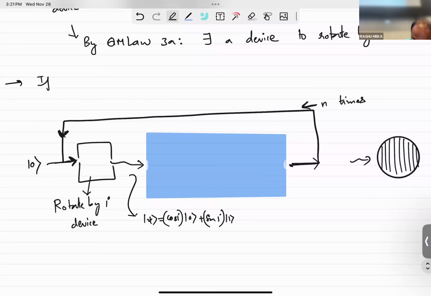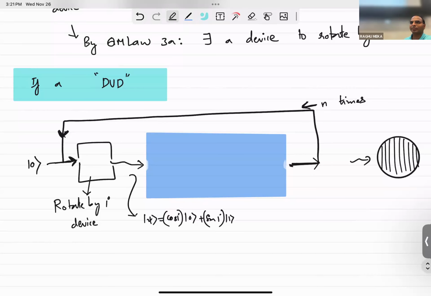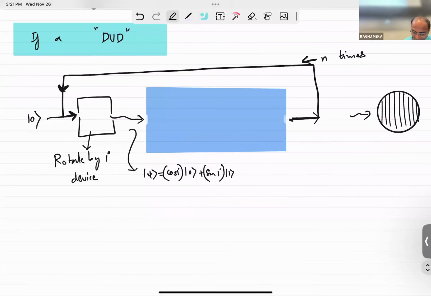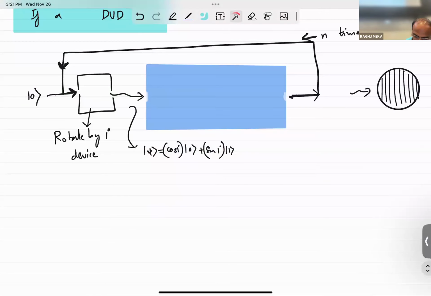So the first case, again, the easier case, is if it's a dud. What happens if it's a dud? The first time I send it through, it gets rotated by 1 degree. So you get something like this, and it just goes straight through. What happens the second time? It gets rotated by 1 more degree, right?